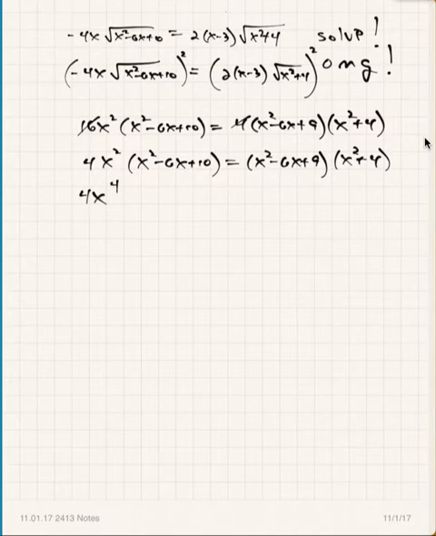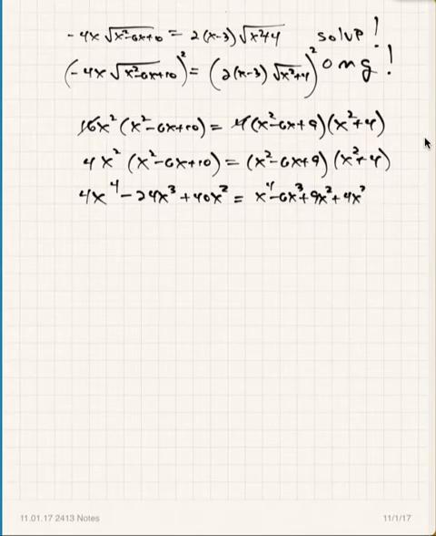On the left side, 4x to the 4th minus 24x cubed plus 40x squared is equal to, on the other side of the equation, x to the 4th minus 6x cubed plus 9x squared plus 4x squared minus 24x plus 36, if you multiply all that out.